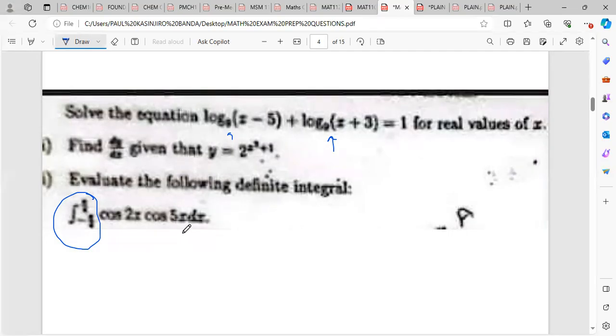What method? Okay, they use differentiation by parts. They use differentiation by parts, but I have another way that is simpler than the differentiation by parts, because that one will take time for you to actually find the answer.